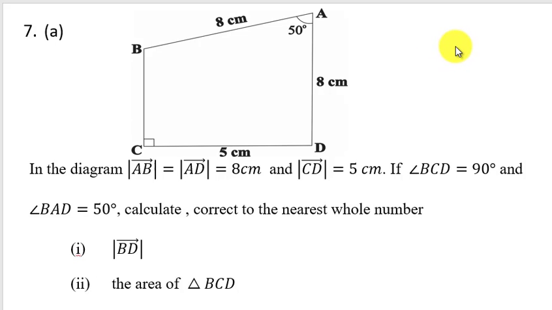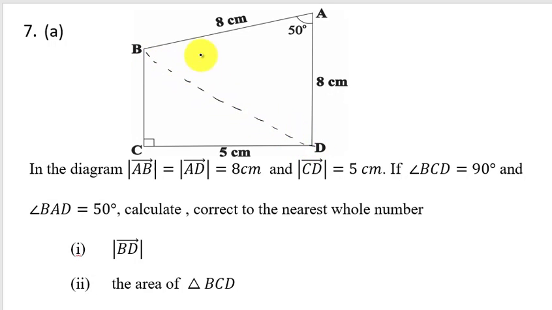So the question wants us to find the magnitude of BD from the diagram given. Now let's shift our attention to the diagram. We have been given a diagram and the question wants us to find BD. Now let's observe the diagram very well. Where is BD? This is BD.